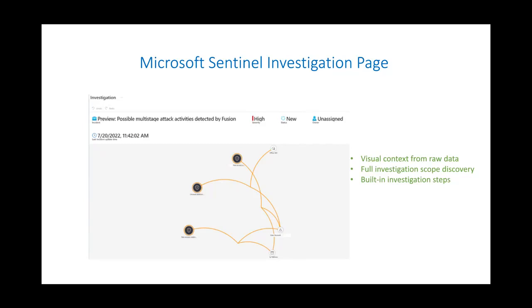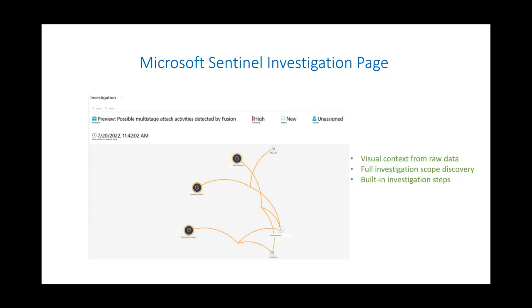So in all, the investigation graph provides us with a live visual context from raw data. Now the live visual graph displays the entity relationship, which is really important, and it's extracted from raw data, and it also enables us to easily see the connections across various data sources. It also helps us with the full investigation scope discovery.